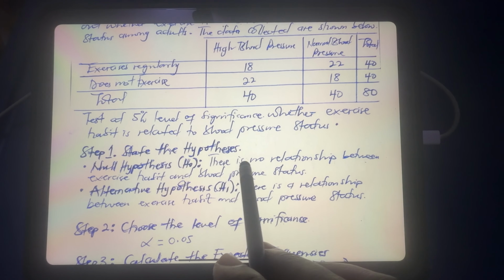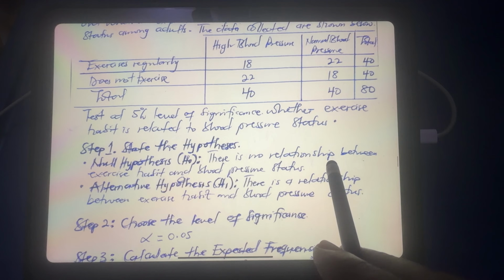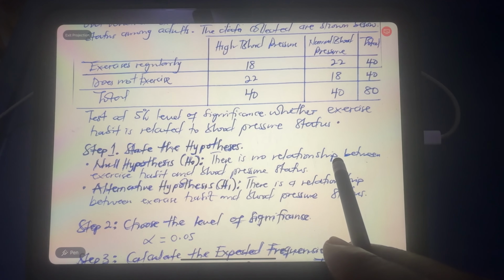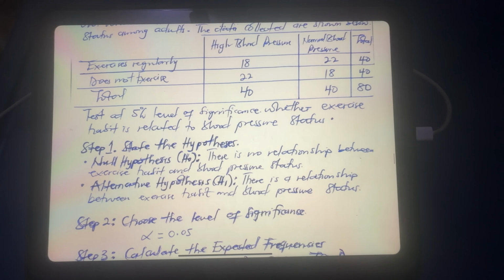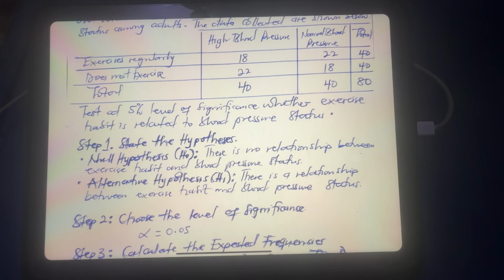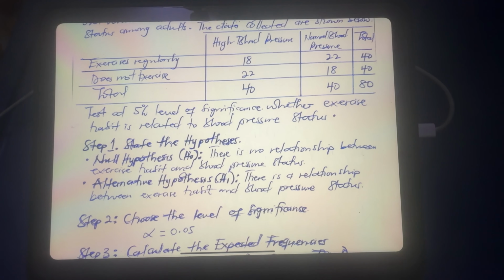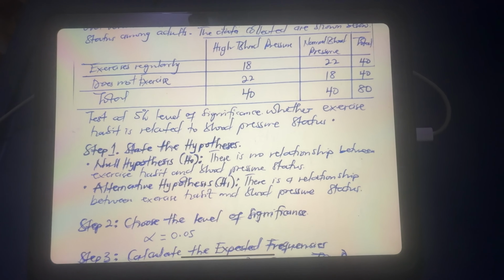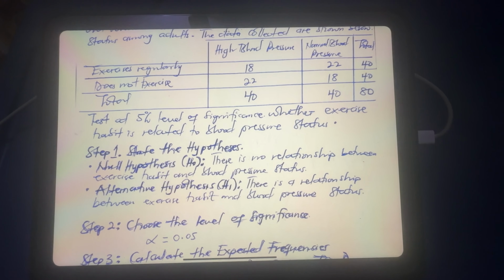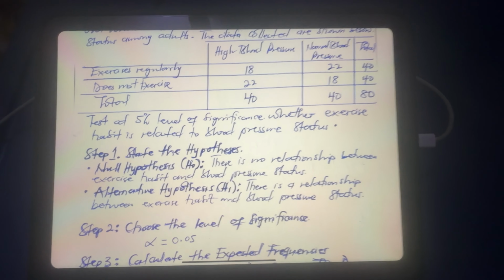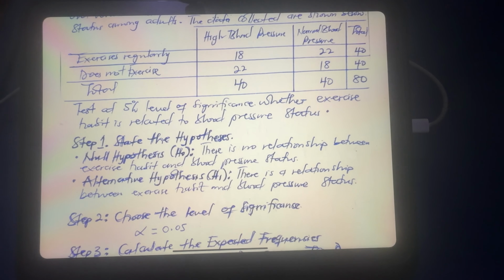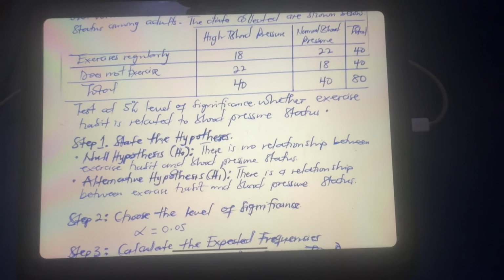The moment this is missing, it is wrong. No relationship. So anytime we write any hypothesis and within it we state that there is no relationship, that hypothesis is the null hypothesis. When we write a hypothesis and we state that there is a relationship, such a hypothesis is the alternative hypothesis.